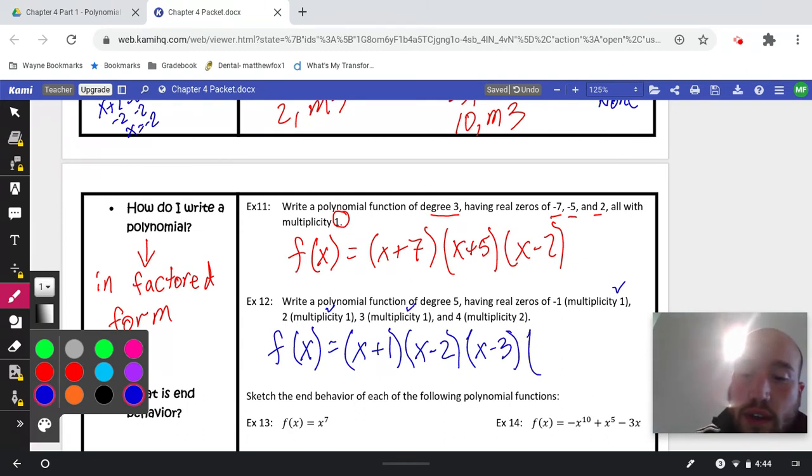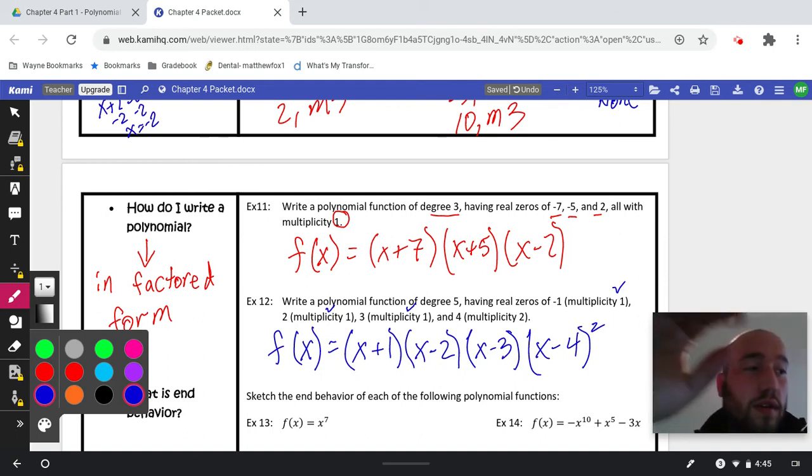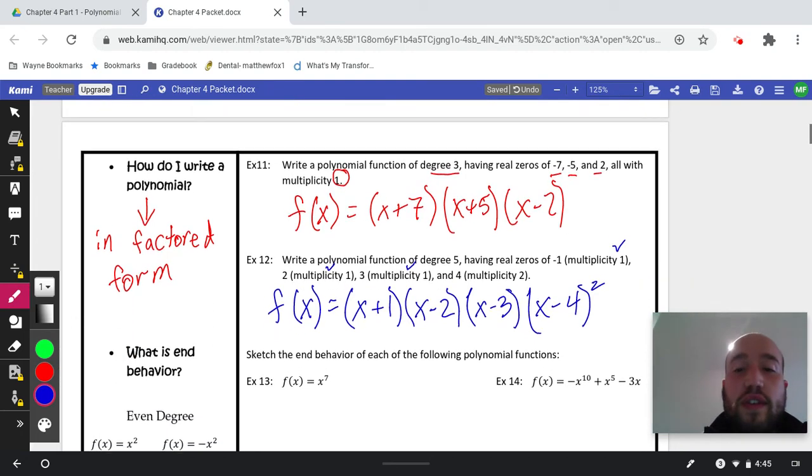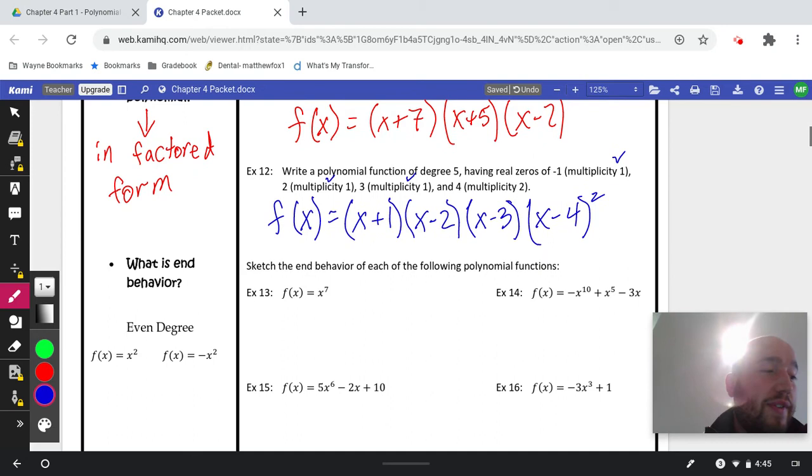And then finally, it has the value 4 as a 0 and a multiplicity of 2. So if we want to look quick, there's 1, 2, 3, 4, 5, and we are good. Okay. So now, the reason this matters is multiplicity will help us as we start to graph it.